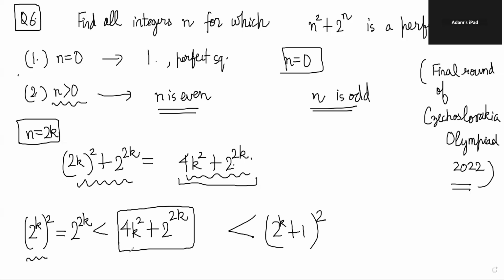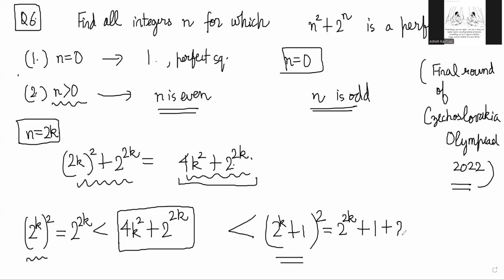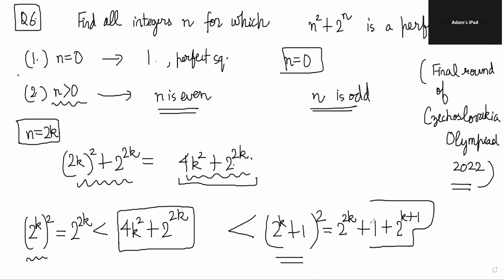So let's evaluate this: 2 power 2k plus 1 plus 2 into 2 power k. So that is 2 power k plus 1, right? So this part, if I can show is bigger than this, then that's it, right? Yes.